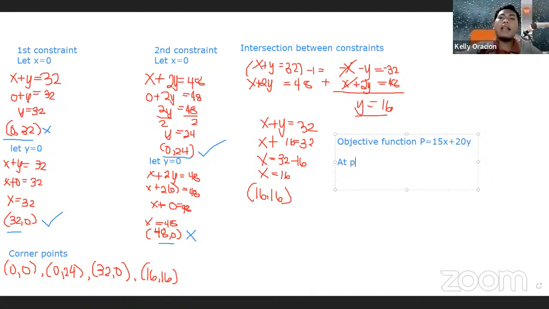Let's have this one at (0, 0). Paste ko na lang dito ito para easy. So we have 15 times 0 plus 20 times 0. The answer is 0.